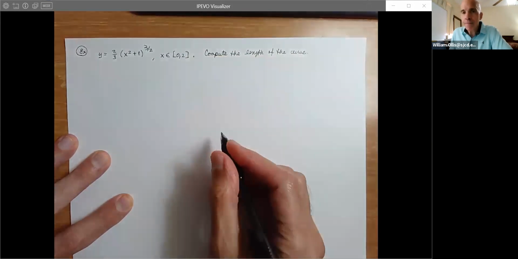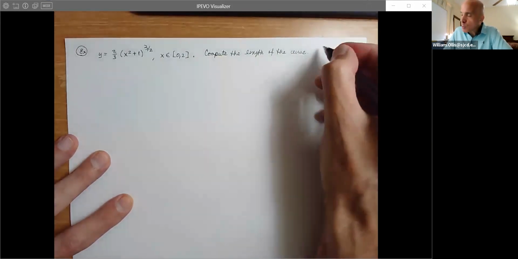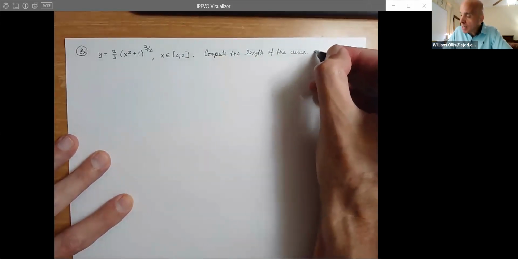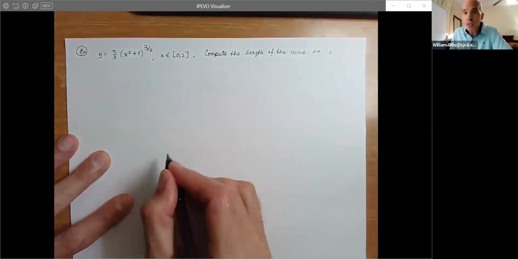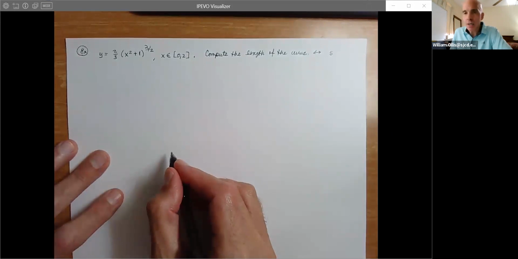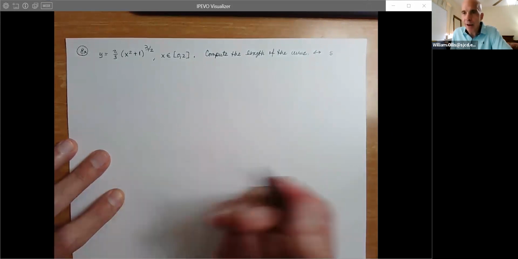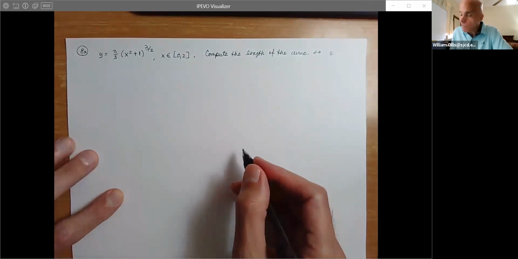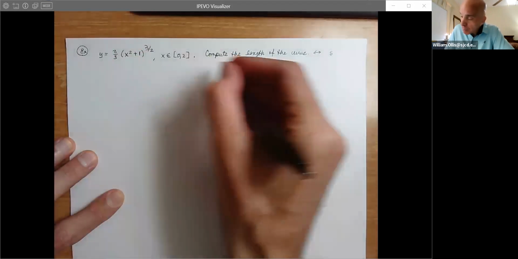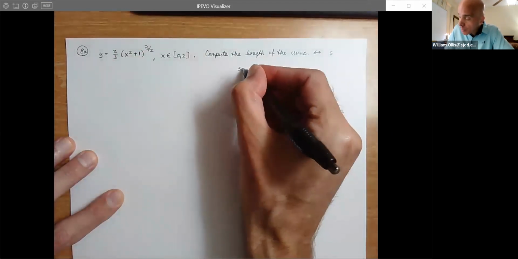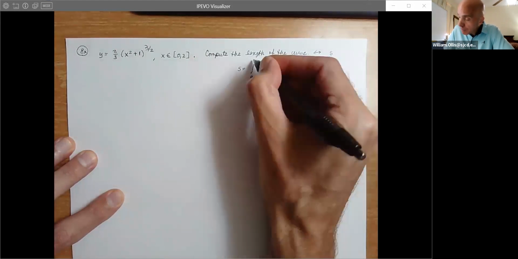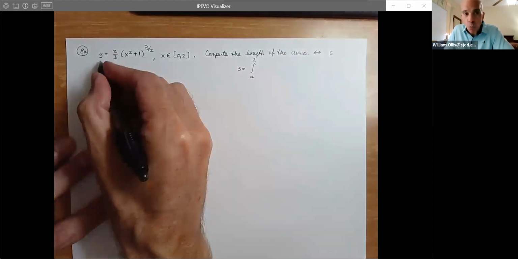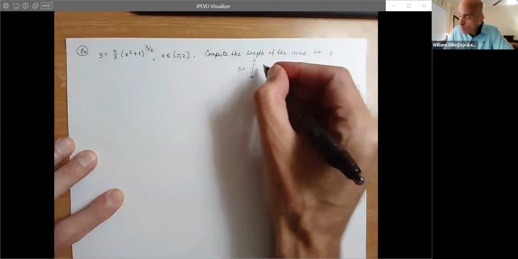Now, again, lots of times when we refer to length, as you saw in the formula, we call that a lowercase s. That's become conventional. Good or not, it is what it is. So if we recall, the arc length, let me just write that again, will be the integral from A to B. And since we're given y, we'll just write y in the formula if you want.